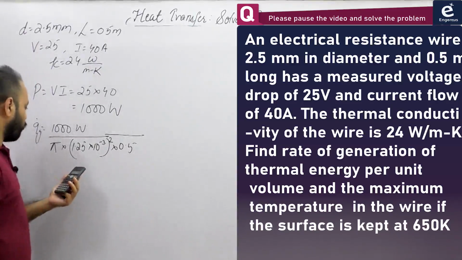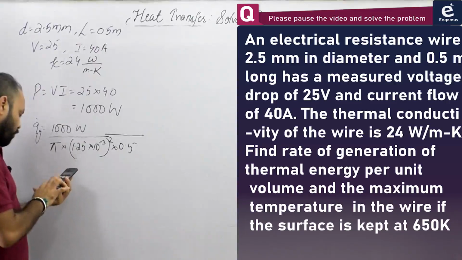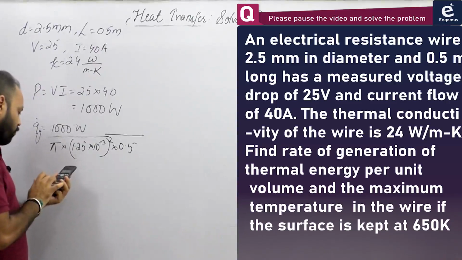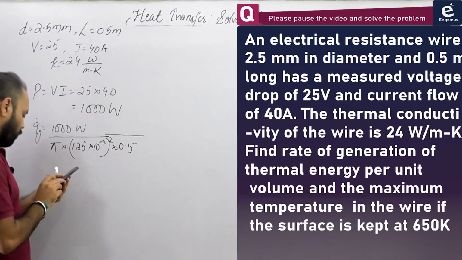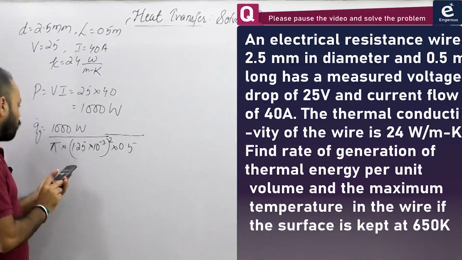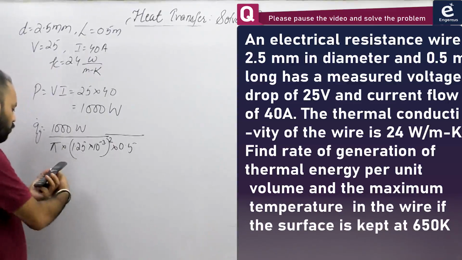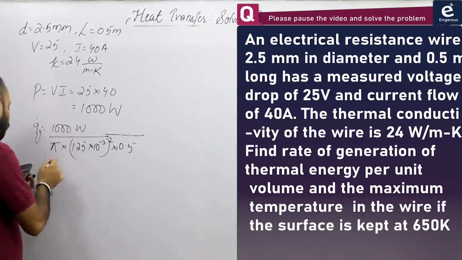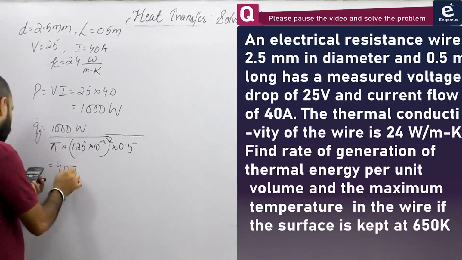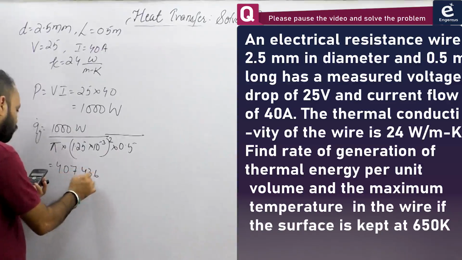0.00125. That is 1.25 into 10 power minus 3 square, into 0.5, and multiplied by pi. 1000 divided by this is equal to 407436.